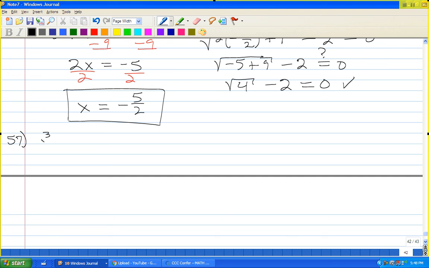Cube root of x plus 5 plus 2 is equal to 0. Subtract 2 from both sides of your equation. So I get the cube root of x plus 5 equals negative 2.